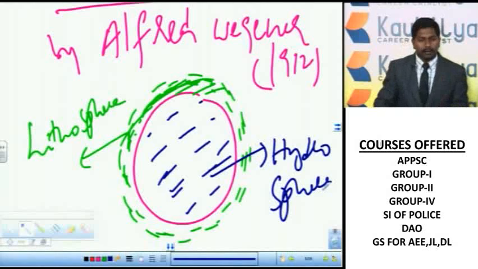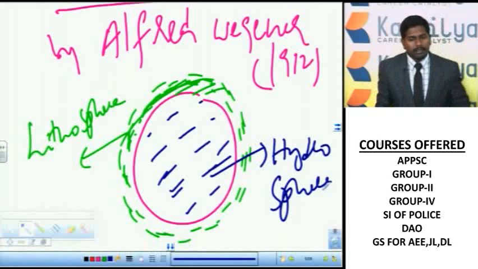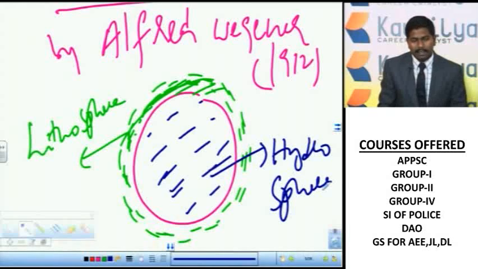But later these different continents and oceans evolved from the single continent and single ocean, and this concept is excellently explained by the continental drift theory given by Alfred Wegener.